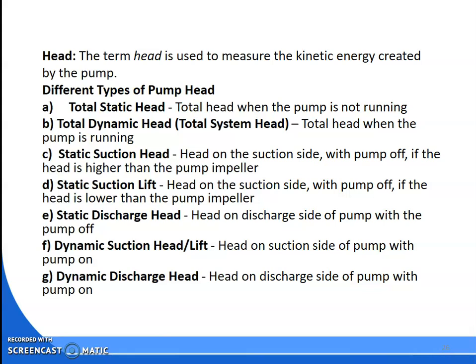If the head is lower than the pump impeller, that is static suction lift. Static discharge head is the head on the discharge side of the pump with the pump off. Dynamic suction lift is the head on the suction side of the pump with the pump on. Dynamic discharge head is the head on the discharge side of the pump with the pump on.